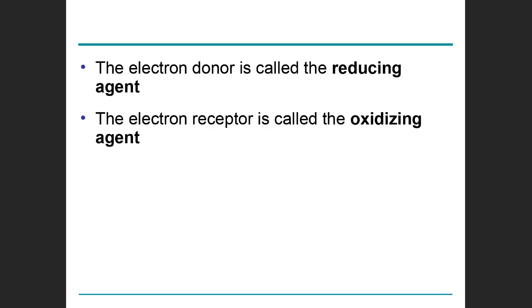So the electron acceptor becomes reduced when it gains the electron, but because it's gained it from something else, it caused that something else to become oxidized. And so the electron acceptor is called the oxidizing agent. So again, the reducing agent has lost electrons and given them to something else. And the oxidizing agent has gained electrons, thereby causing something else to become oxidized. Any questions on that?